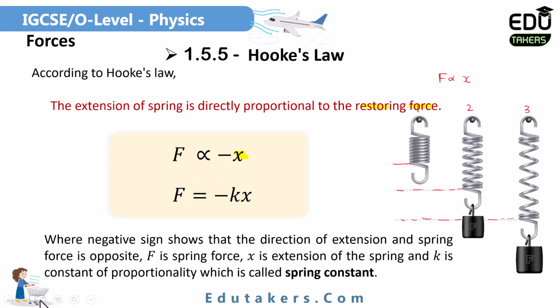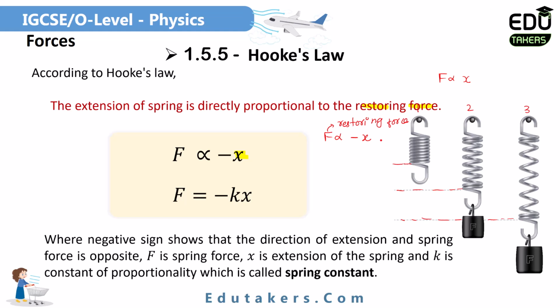What does this mean? First of all, the force is directly proportional to the extension. Here is a minus sign. This minus sign basically shows that this force is the restoring force, and x is the extension.